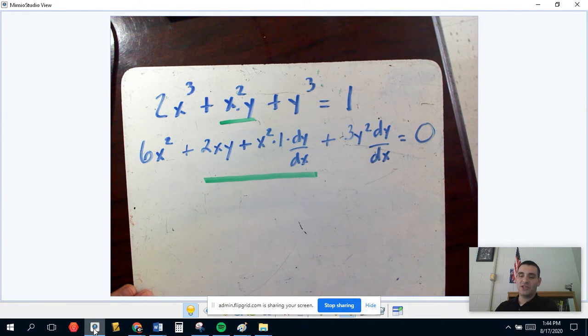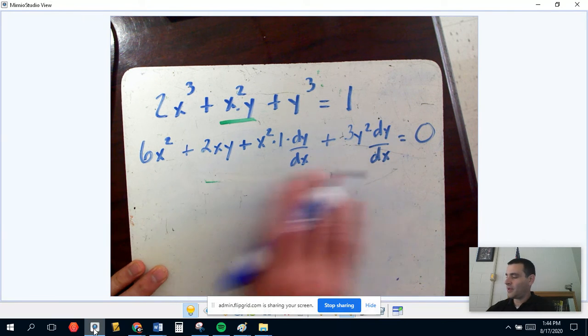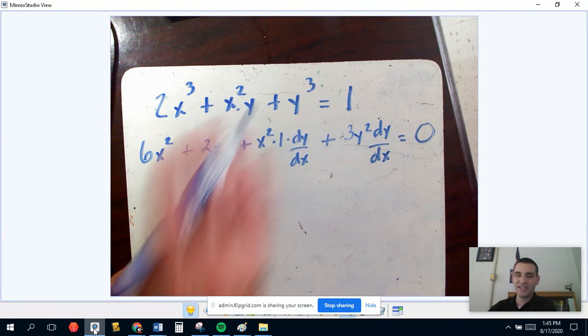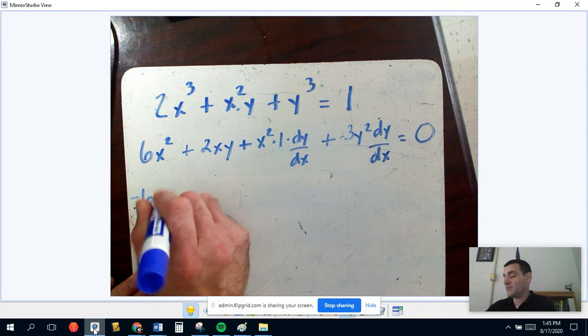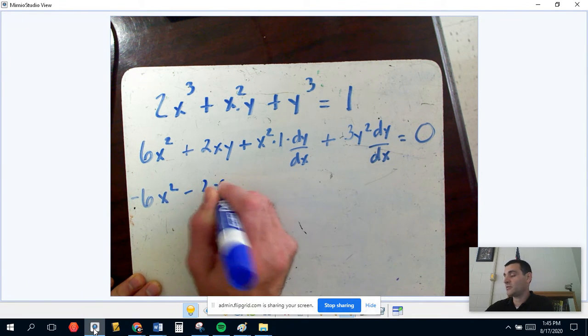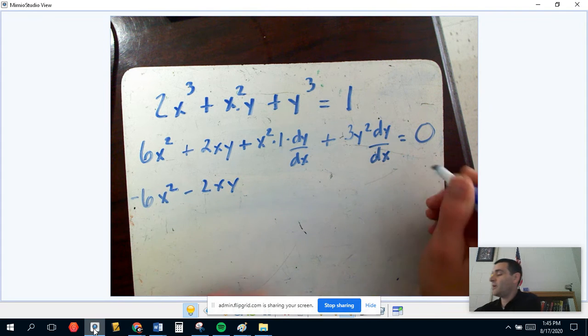So what I'm going to do here is just some algebra, which can get a little muddled because there's a lot of stuff here. Basically, we keep the dy dx terms together, and the other stuff on the other side. So I'm going to go ahead and move the 6x squared and the 2xy over here.